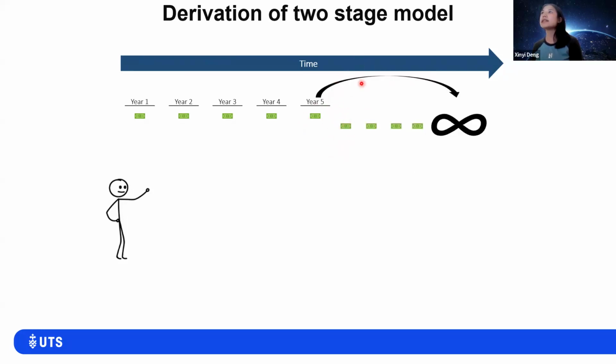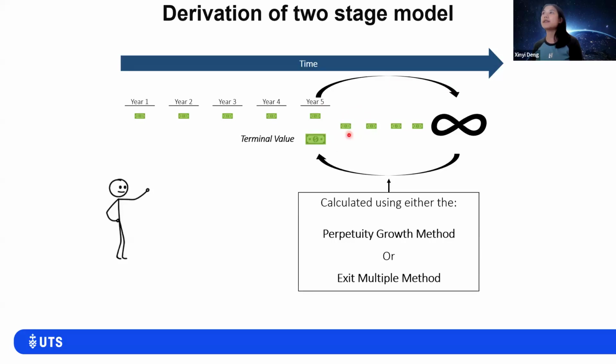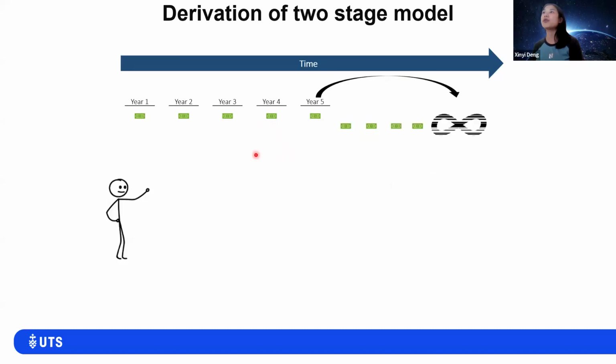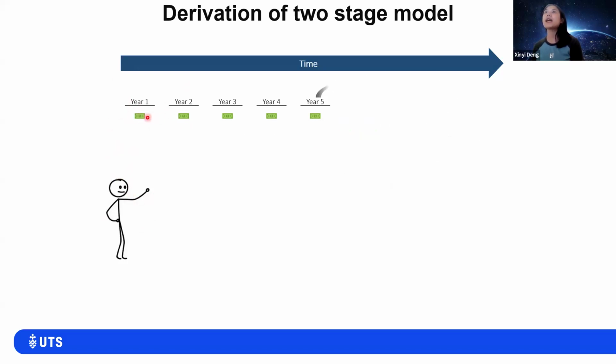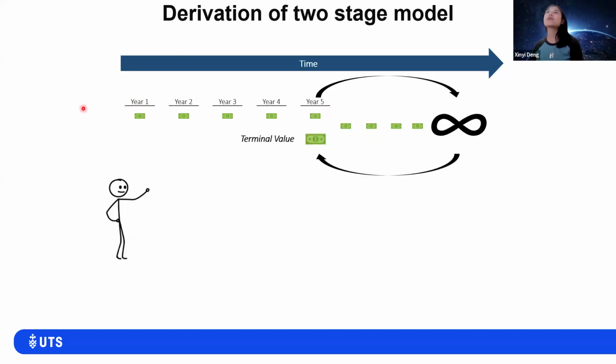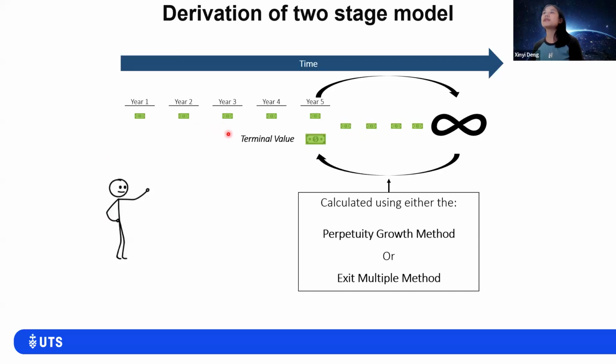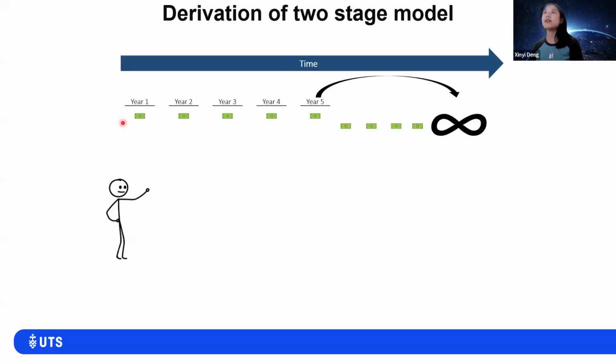So we need to forecast the cash flow at year 6, and then plug it into the formula for the constant growth model to calculate the terminal value at year 5. Then all we need to do to calculate the present value of George at year 0 is to discount back all the cash flows from year 1 to year 5, and also discount back the terminal value to year 0, and then add all those discounted values.